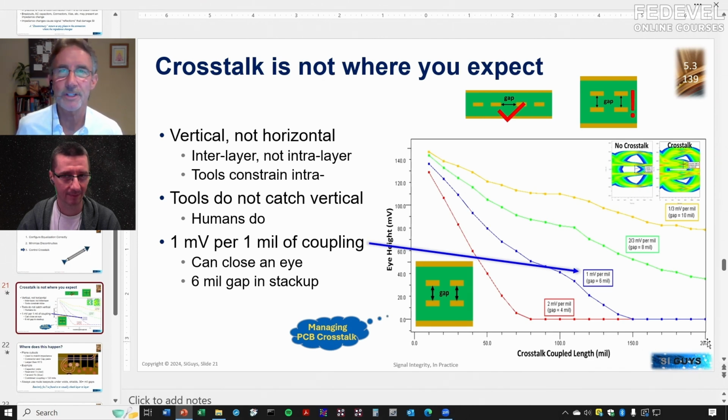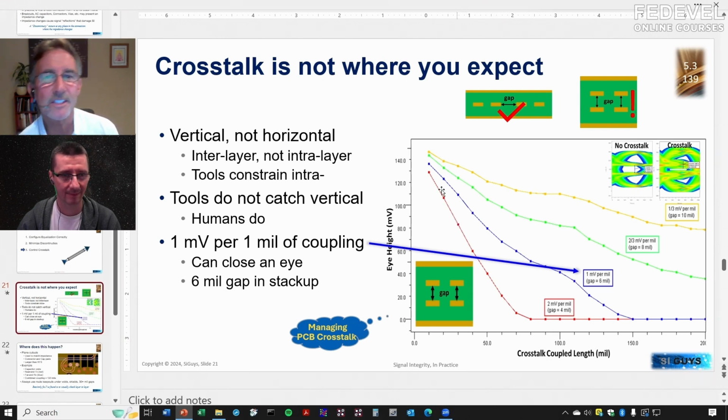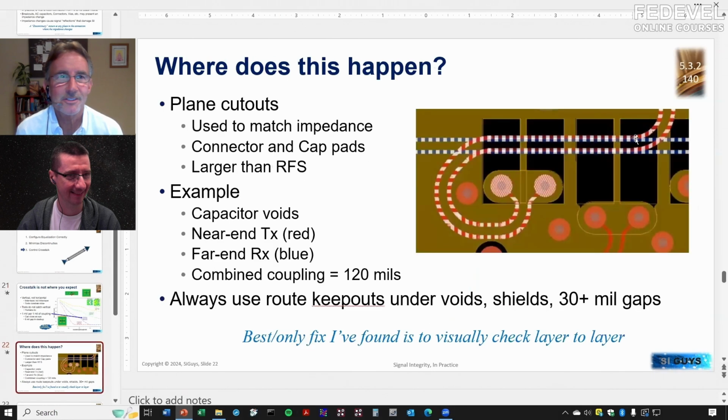This is not even a quarter of an inch. This is only 200 mils, right? These are eye heights on this axis. I've completely closed my eye at 150 mils. I mean, that's tiny, right? This collectively adds up to 120 mils, right?